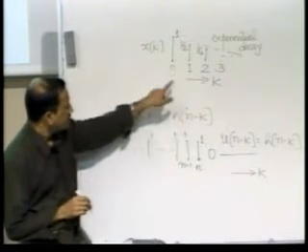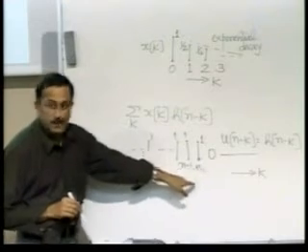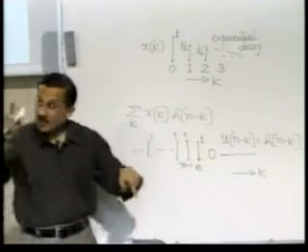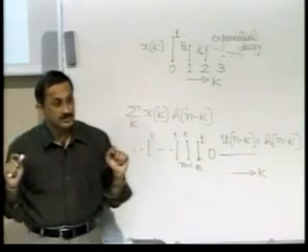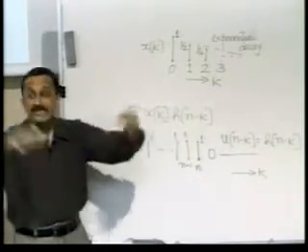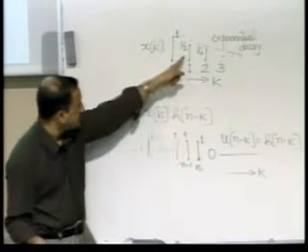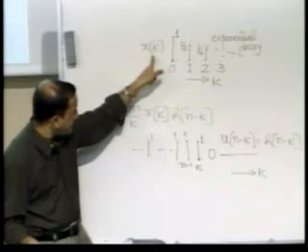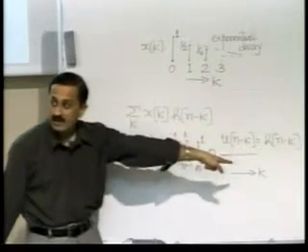What it really means is that for every point n, we multiply these sequences point by point, as opposed to continuous time functions. In the case of continuous functions, we multiplied the functions and found the area. Here what are we going to do? We are going to multiply the sequence x of k and the sequence h of n minus k.